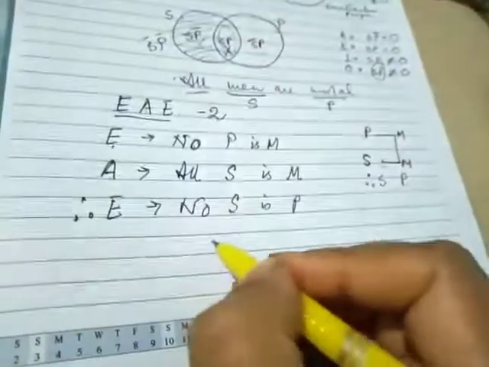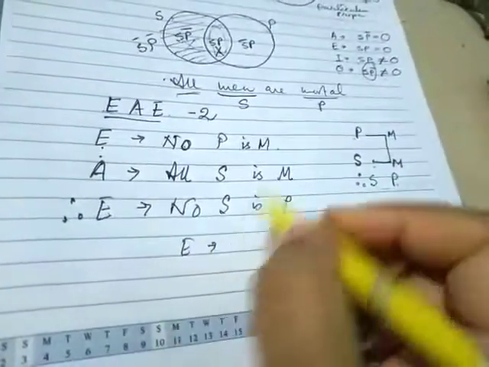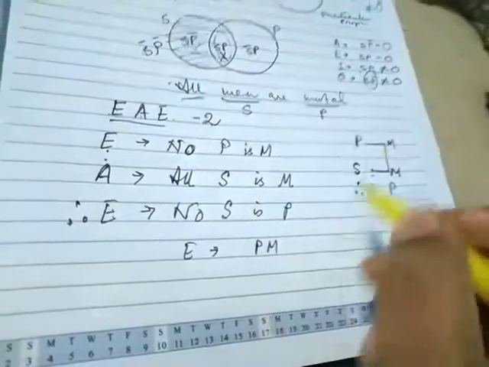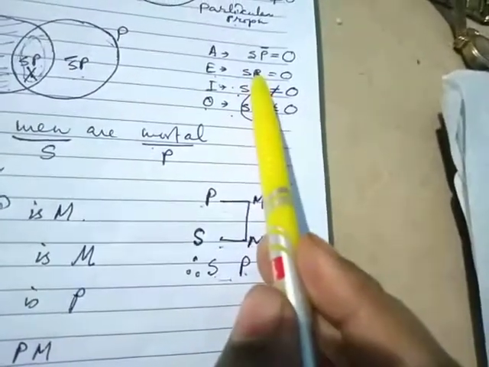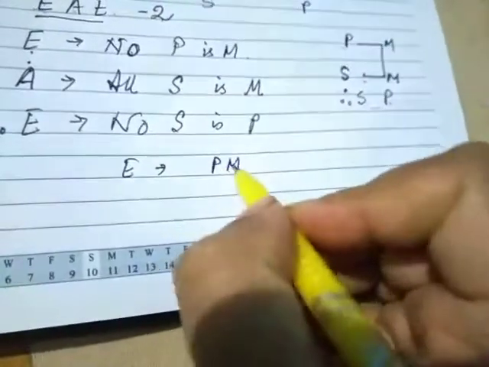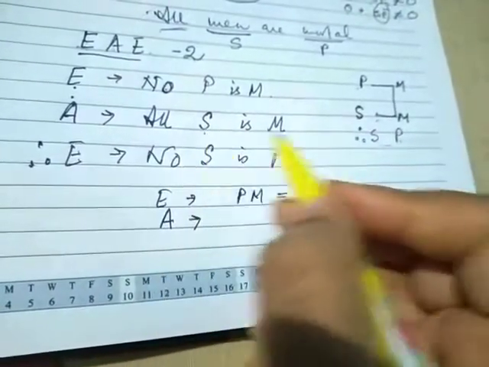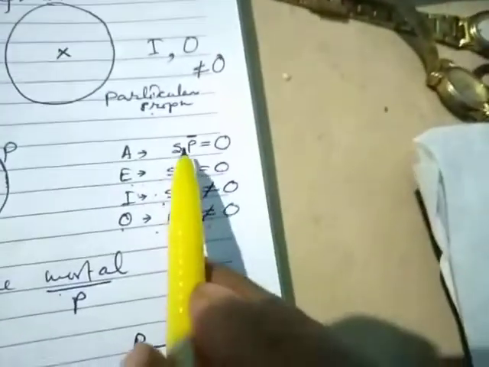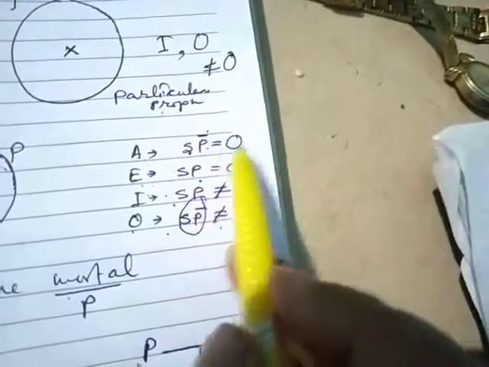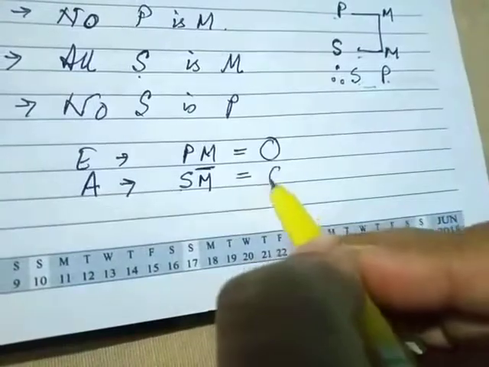Now in the first one, the E proposition with PM, the symbolization is subject predicate equal to 0. The second one is the A proposition with SM, and the symbolization of the A proposition is subject predicate bar equal to 0.